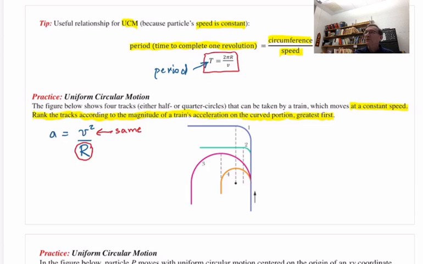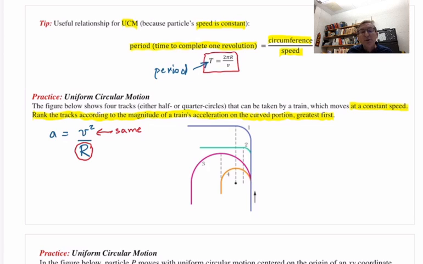So why don't we first rank the R's? Let's do that, okay? And I claim you can do that. You might not be used to looking at little drawings like this, but they're just ways to show parts of circles that happen to correspond to train tracks. But we ought to be able to rank from biggest to smallest the radius of those curved tracks, the R. Okay? All right, and these dashed lines are trying to help you do that.